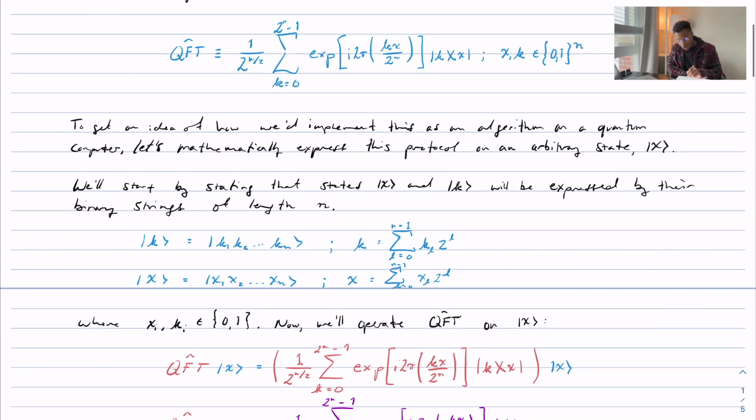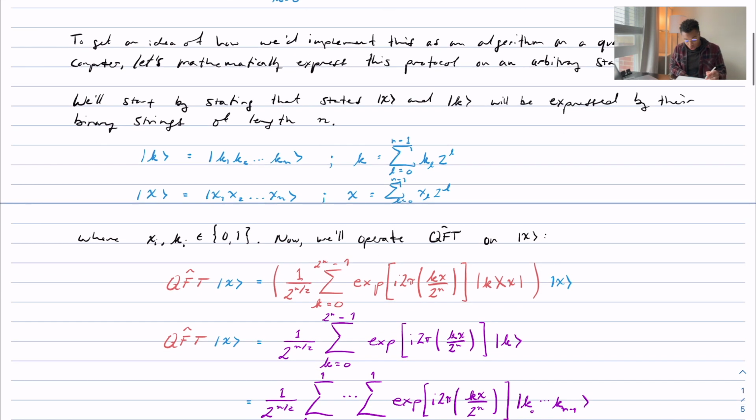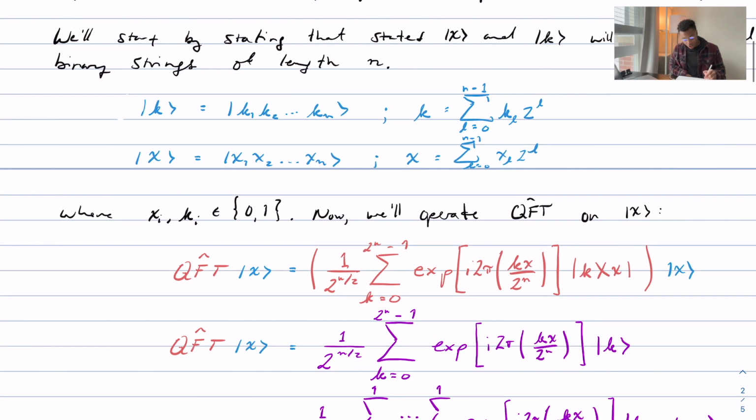And then just as a word on notation, walking through the rest of the derivation, x and k in general are an n-bit string where each bit contains either a 0 or a 1. So that's just something to note. And then another thing is binary representation, which I have written out here for both states k and x.